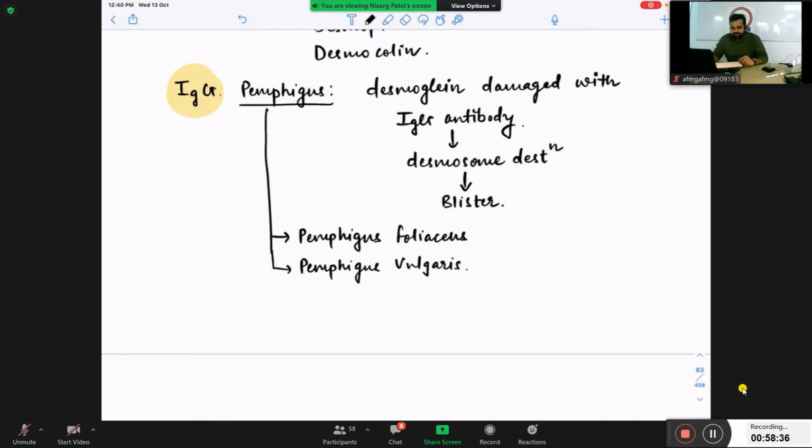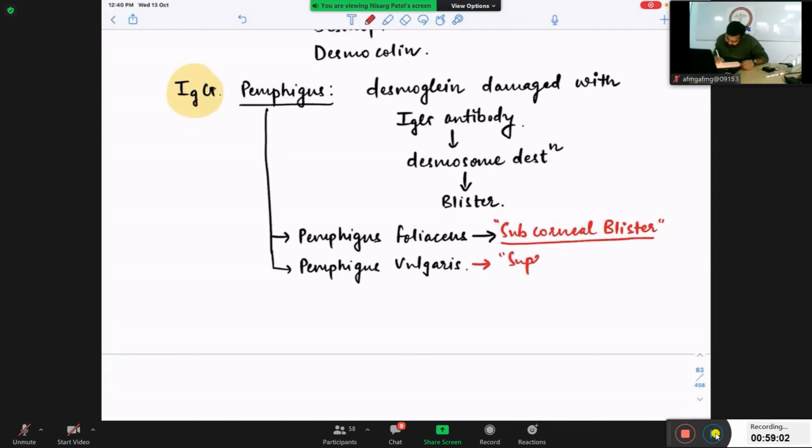They ask an important MCQ here. Pemphigus foliaceus causes subcorneal blister.